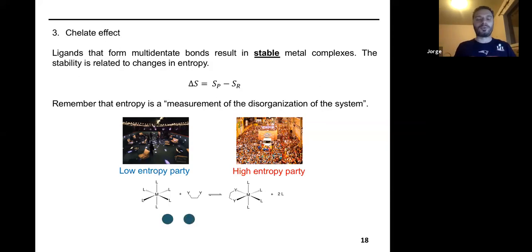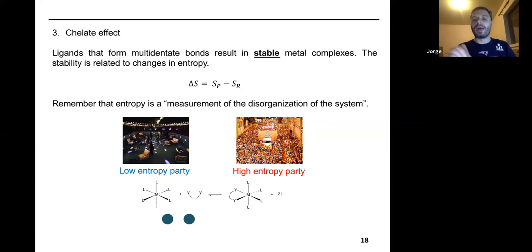So I'm going to represent them by spheres. So we have here 1. You're going to count the whole complex as one person, and the bidentate ligand that's not coordinated yet as a second person. So we have 2 people here.